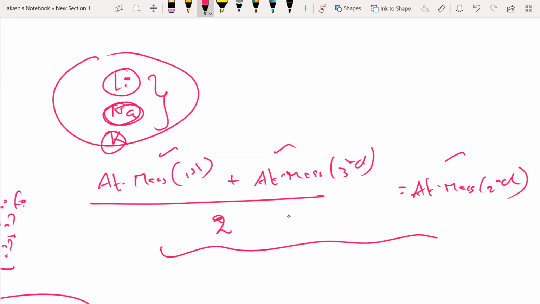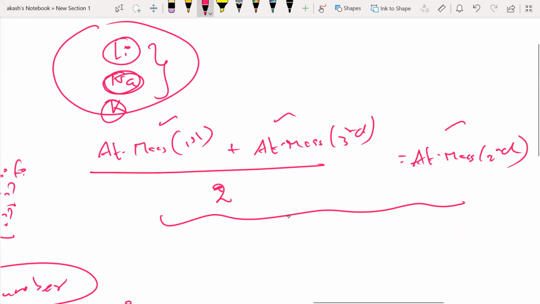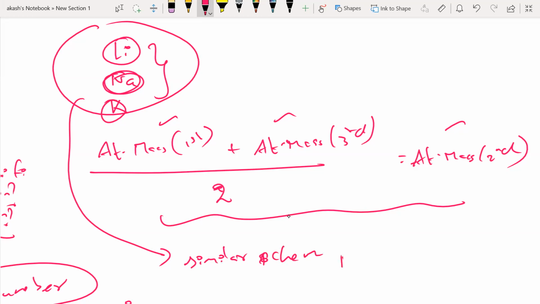And this is a very weird way of telling, right? Based on atomic mass, you take an average, and they are placed in one group. But strangely, all three elements in this triad, in the group of three, were showing similar properties, not physical, I would say similar chemical properties.